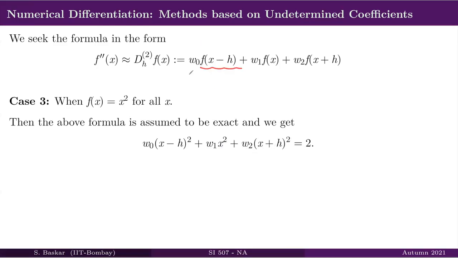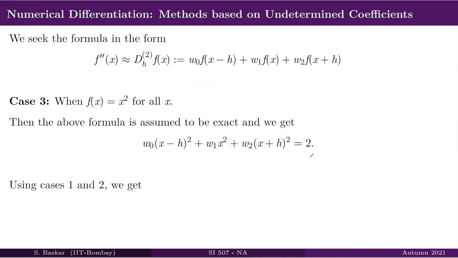I'm just putting f(x) = x squared in these three terms, and that is how I'm getting this expression. And on the right hand side, what we have to put is the second derivative of the function f, which is nothing but 2, right? So that is what we have.